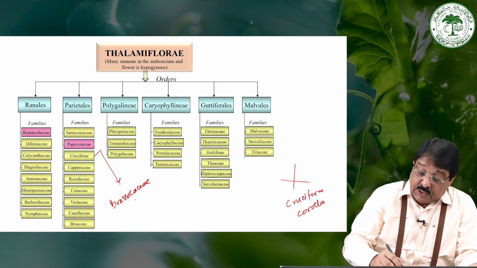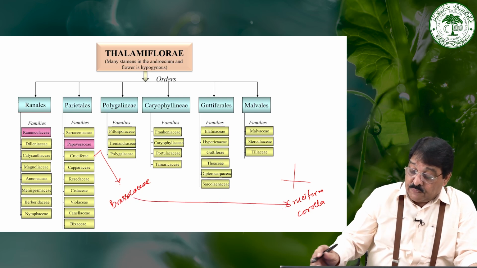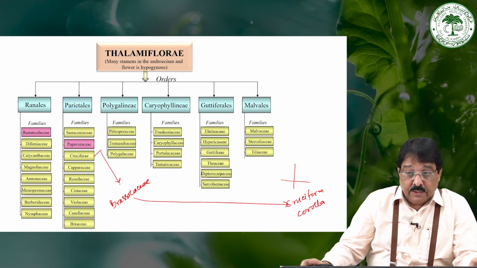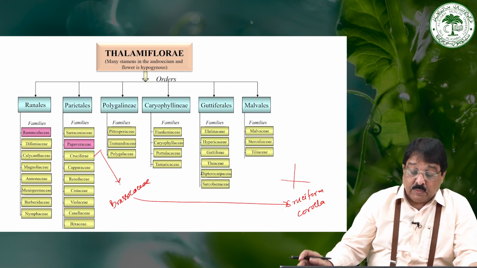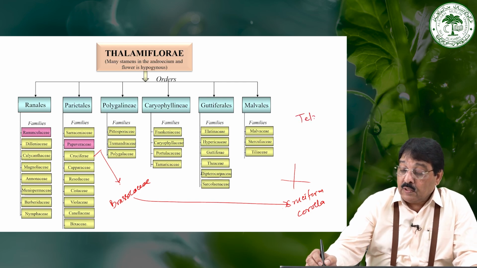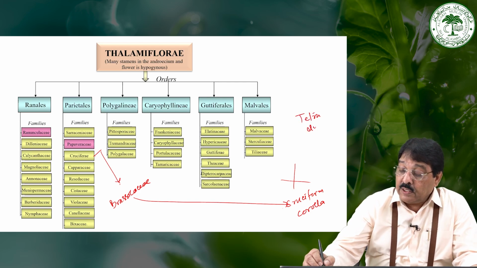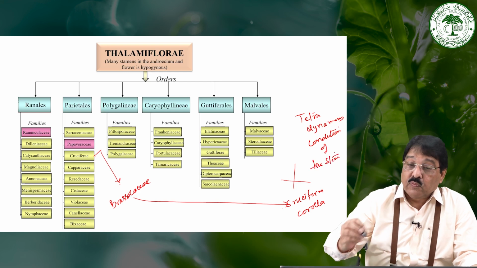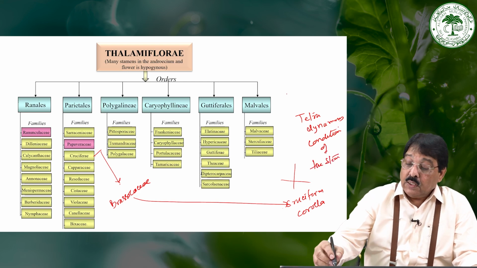In case of the Brassicaceae, the cruciform corolla would be there, and we can identify on the basis of the cruciform corolla as well as the tetradynamous condition of the stamens. What is tetradynamous condition?